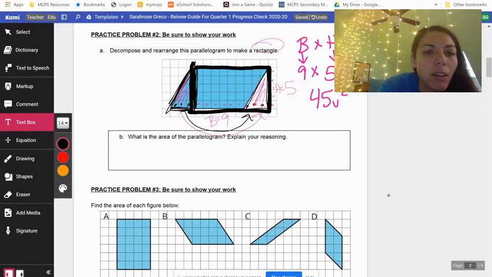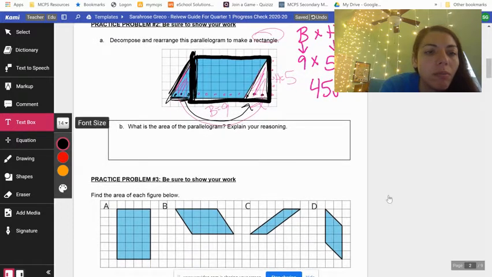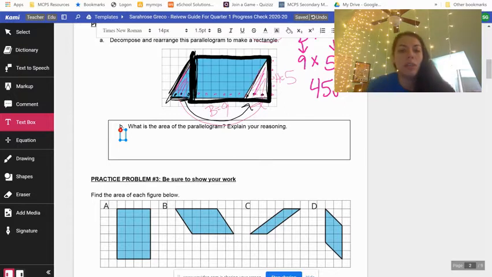Text box. Okay. Will it let me type? Okay. The area of the parallelogram is 45 units squared. I found first, so let's break it down.